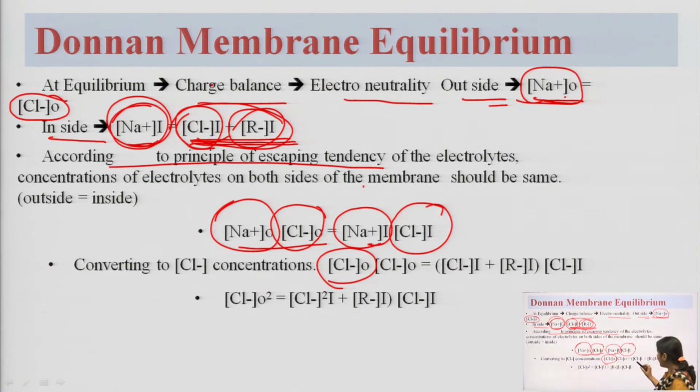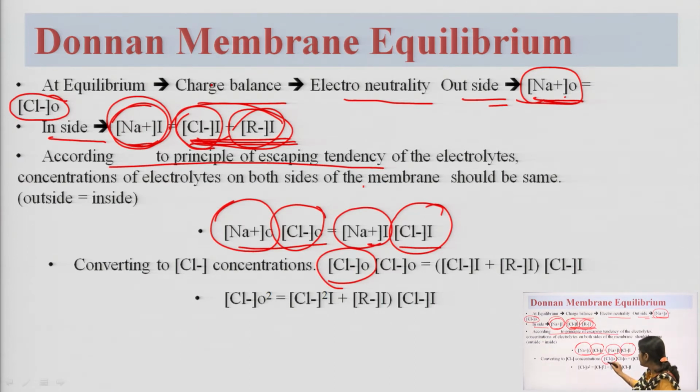So, here we write that Cl minus inside the membrane plus R minus inside the membrane multiplied with concentration of chloride.